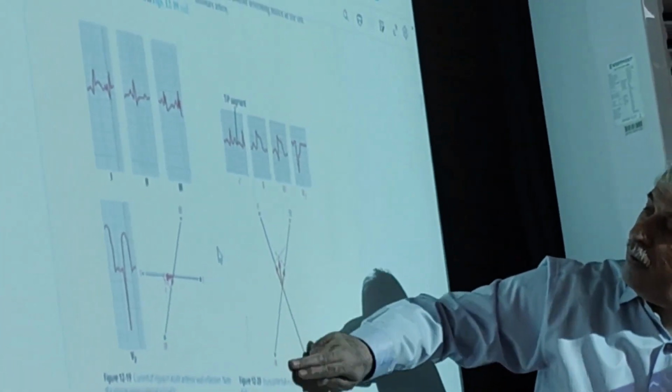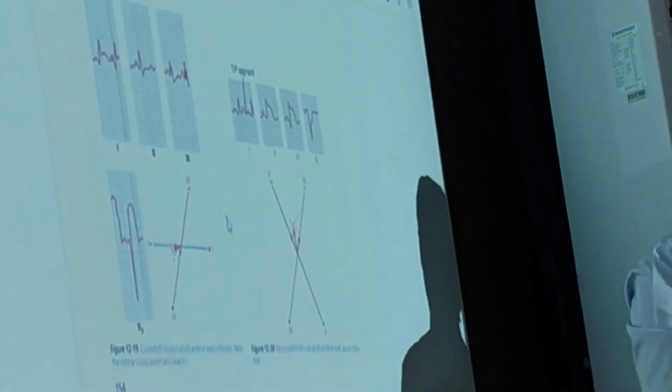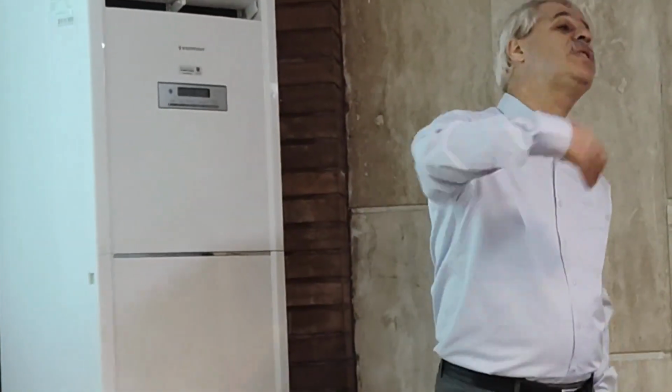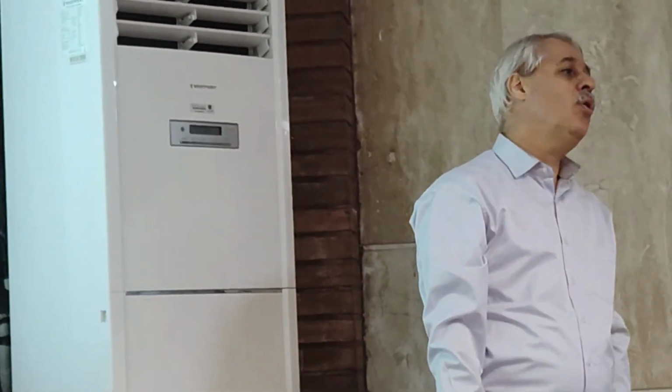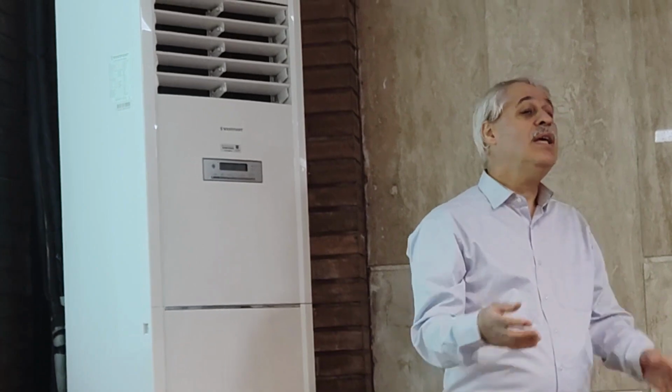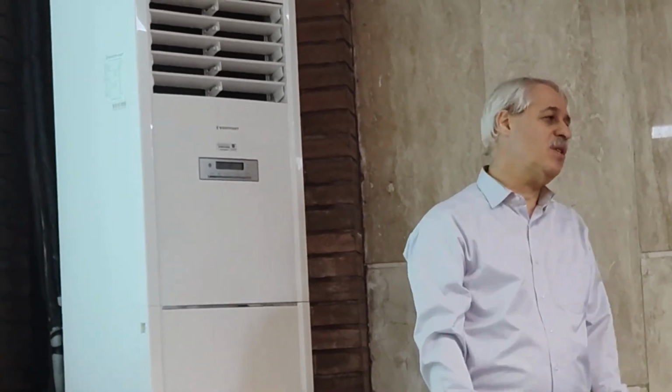The negative end, which is always depolarized in this state, is the inferior part or the apex. This is called apical infarction or posterior infarction. Or in electrocardiography, although it is not mentioned in Guyton's book, we call it inferior infarction.